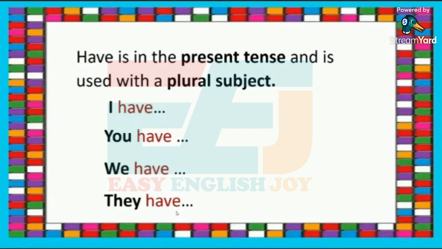So as you can see, I, you, we, they, we use them for have. Alright? Because these I, you, we, and they are pronouns that we use as a subject.